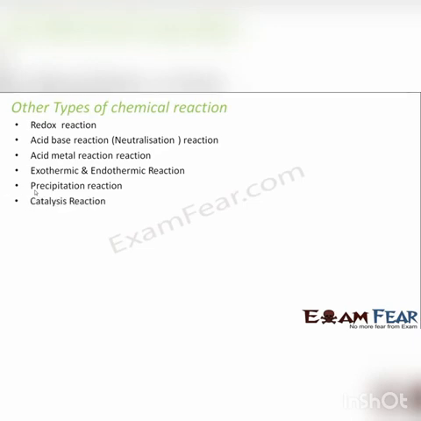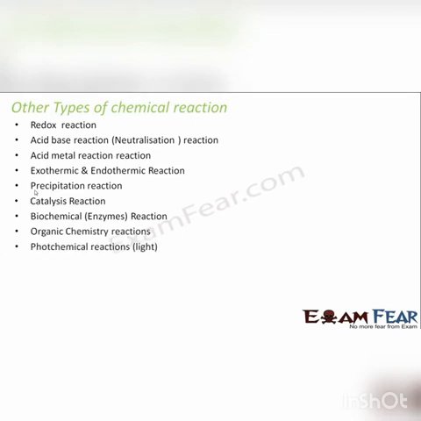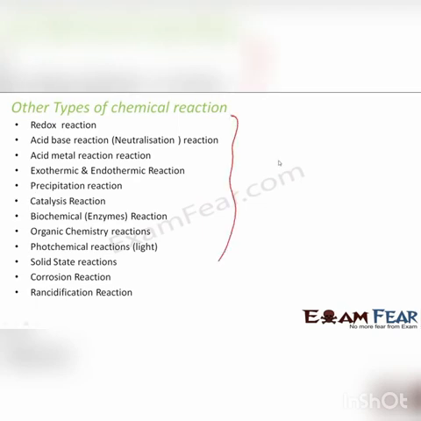Precipitation reaction, whether you get precipitates from that reaction. Catalysis reaction, whether a catalyst is required or not. Biochemical reactions, organic chemistry reactions, photochemical reactions, solid state reactions, corrosion reaction, rectification reaction. There are so many reaction types, but all of these fall into the 5 reaction types which I have explained, right? So we'll go through all these kinds of reactions.